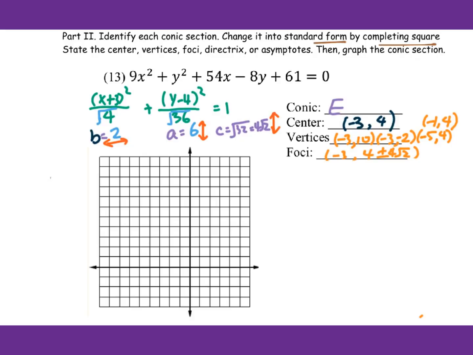We got the center that's at (-3, 4). It's here. Then for B, let's go to right 2, left 2. For A, go up 6 here, then go down 6. It's here. Then I connect these 4 points to get the ellipse.